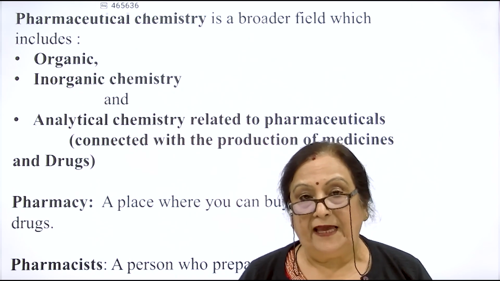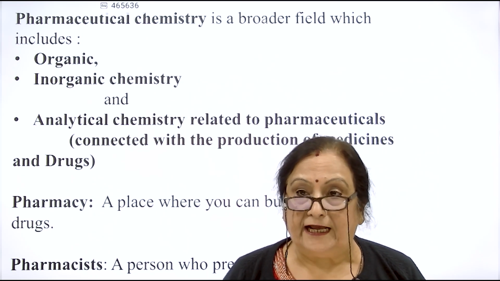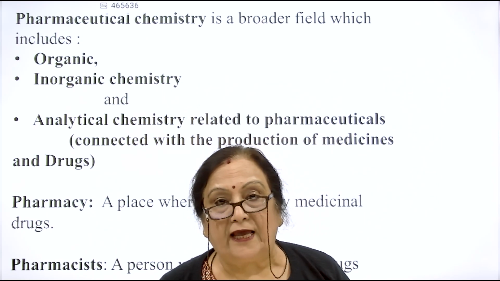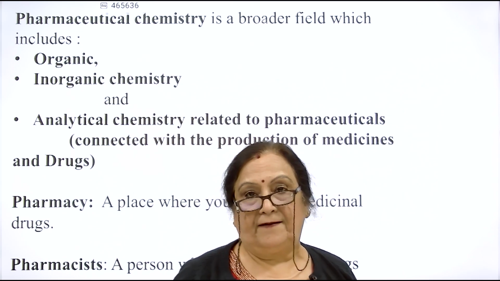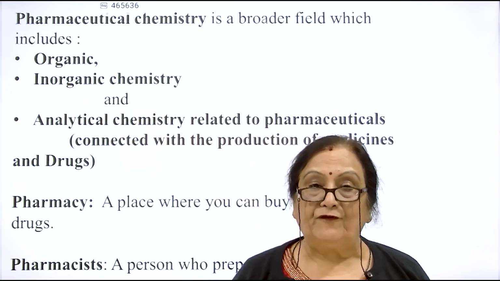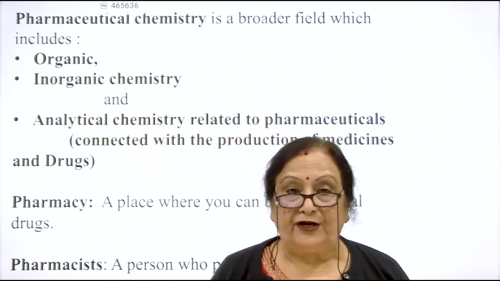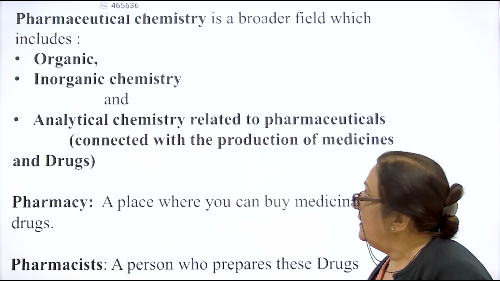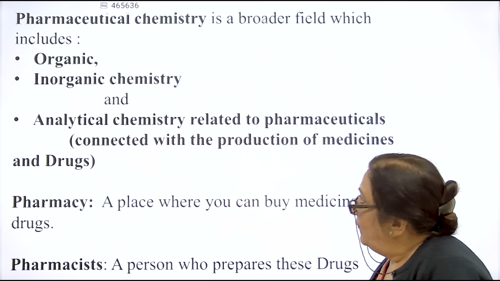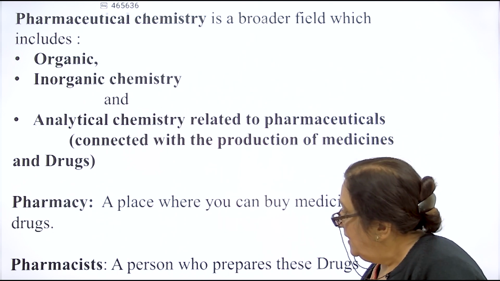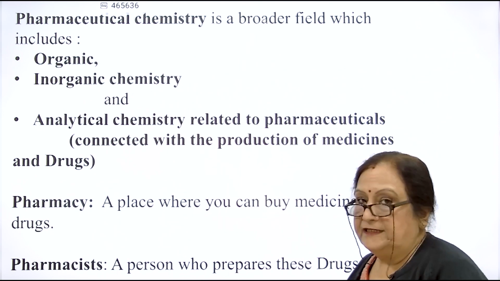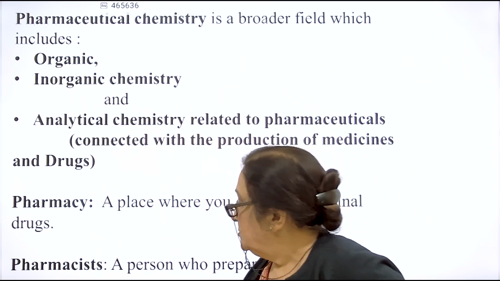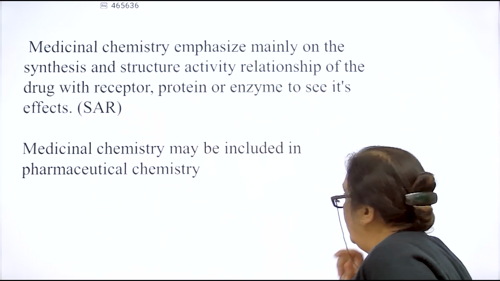It makes compounds, synthetic compounds. तो हम उसको क्या कहेंगे? Chemist कहेंगे, right? So we have come to the three terms, that is pharmacy, pharmaceutical chemistry and pharmacist, right? So now we will move further.